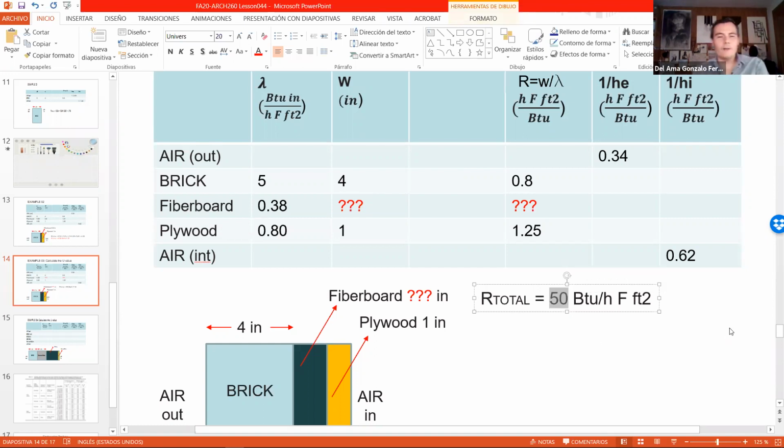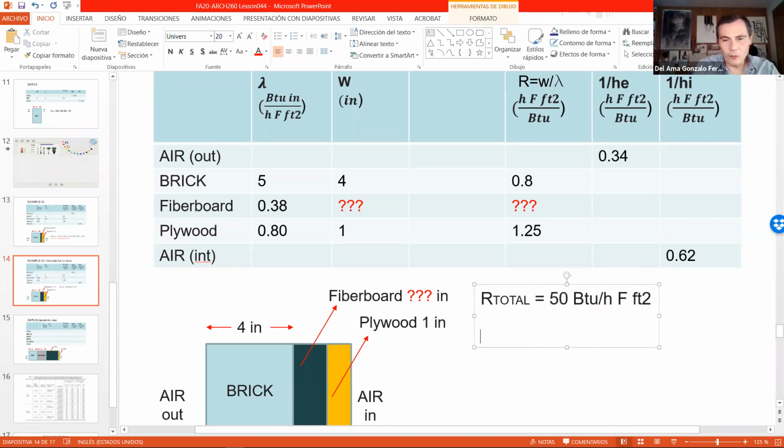And this is the common issue. We don't select the materials and the thickness, and then we calculate the R value, the thermal resistance. No. We have these constraints because we are in cold climates, so we need to increase the thermal resistance. 50 is a good limit. And then we need to calculate the thickness of thermal insulation. So what do we do here?